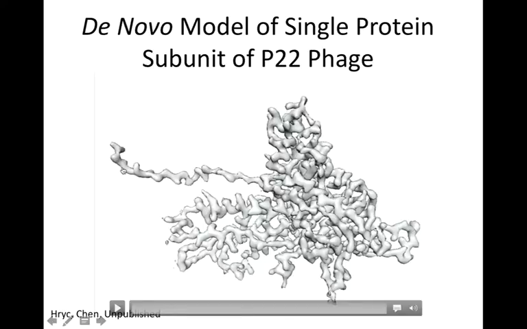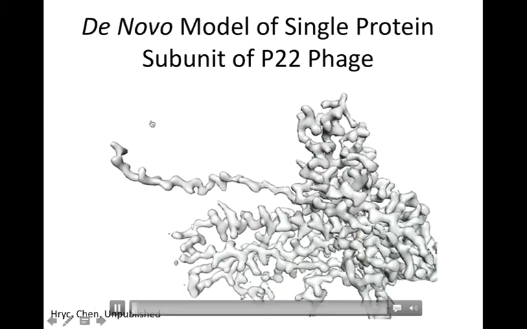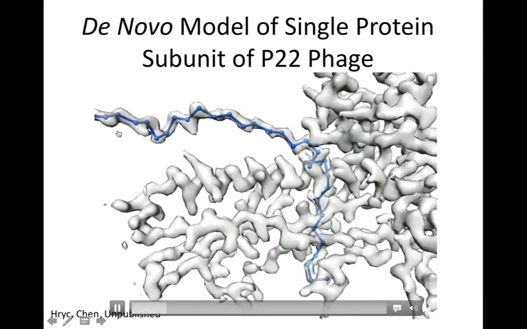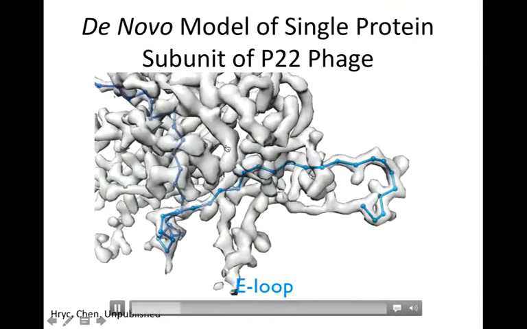As you can see, the continuity of the density is quite good. In such a way, we can actually trace the continuity of the density from 1 end of the molecule, like the N termini, to the C termini.